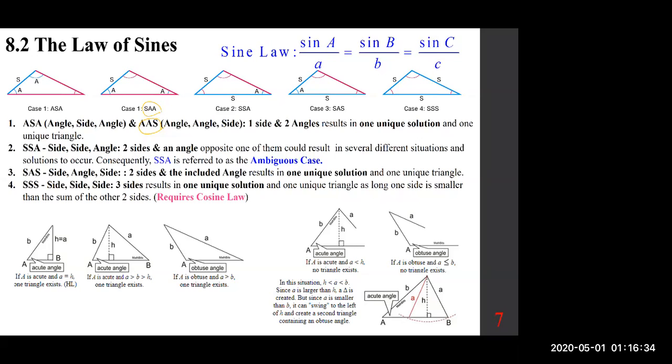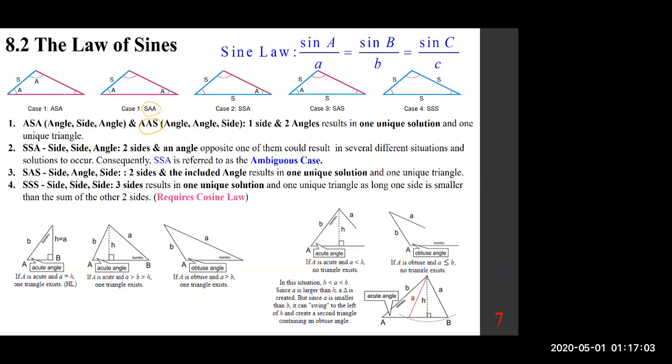That's why this is referred to as the ambiguous case, because we could have one solution, we could have two solutions, we could have no solutions. Again, this is the synopsis of the section. We will look into this with more details, okay? But understand SSA, and it's at the bottom. We go over that quickly in a moment, but let me just finish all the cases.